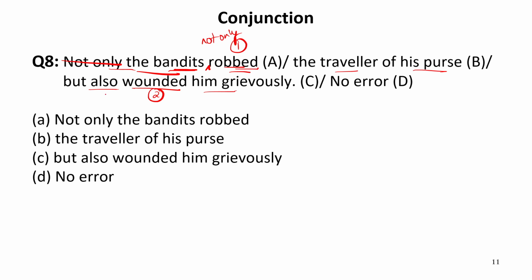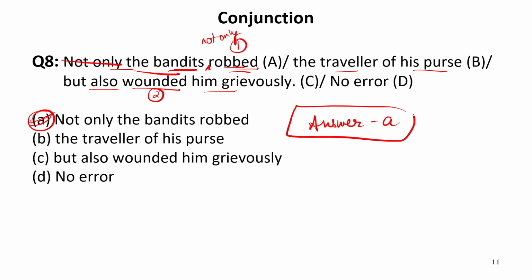Therefore, the correct sentence will be the bandits not only robbed the traveler of his purse but also wounded him grievously. I hope you understood this properly. So, in this sentence, A part contains the error. So our answer is A, because this part contains the error. The correct sentence will be the bandits not only robbed the traveler of his purse but also wounded him grievously.